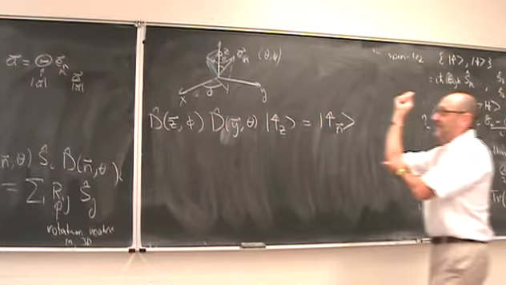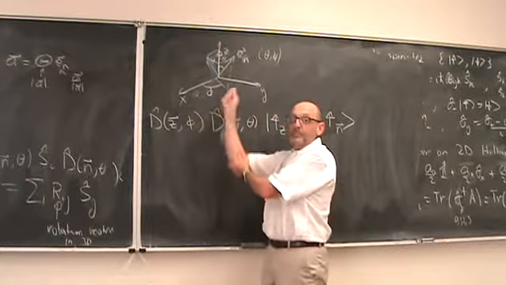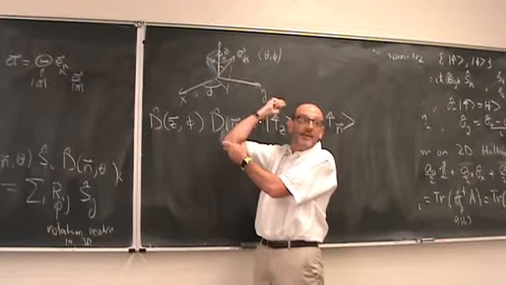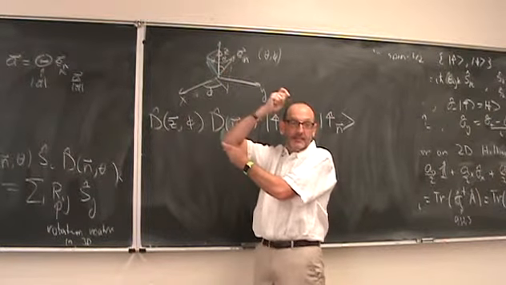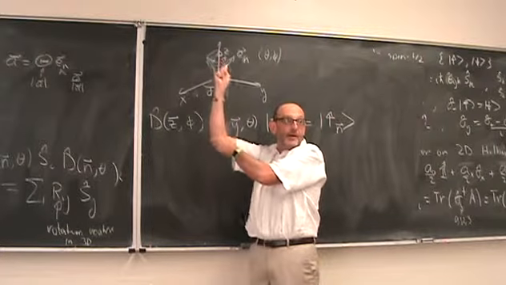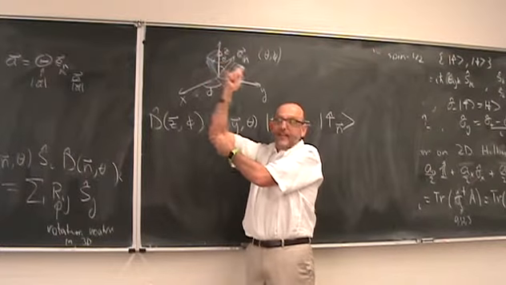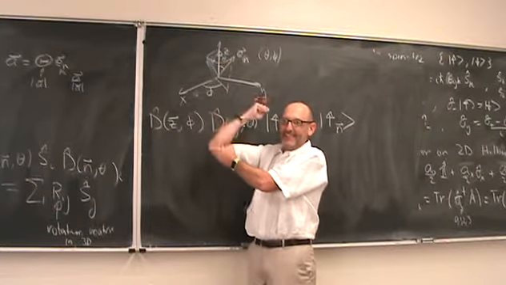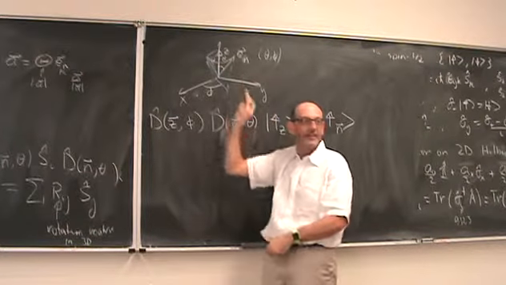So the action of the rotation operator is to rotate the direction of spin. So here it was spin up along z, then it's spin up along this funny direction, and now it's spin up along that direction. Is that clear?